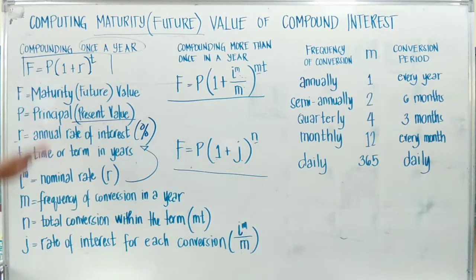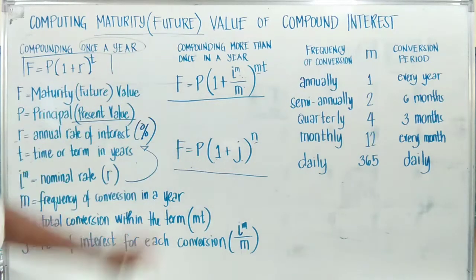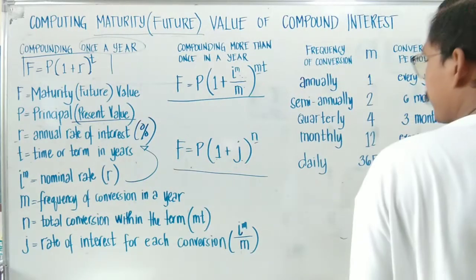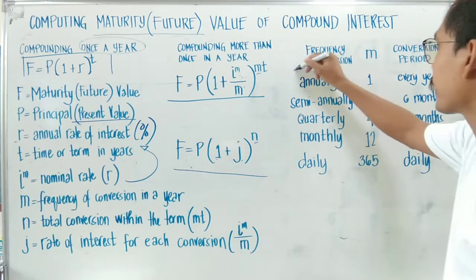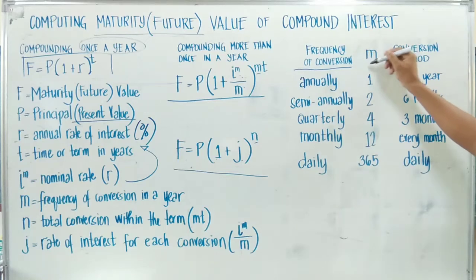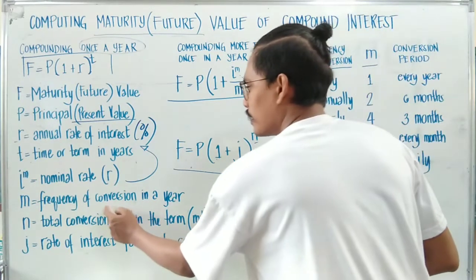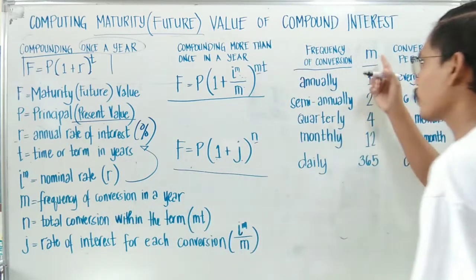Please remember these terms and variables because we will be using them to compute compound interest. Let us proceed, because these things are very important. So we have the frequency of conversion denoted by m.